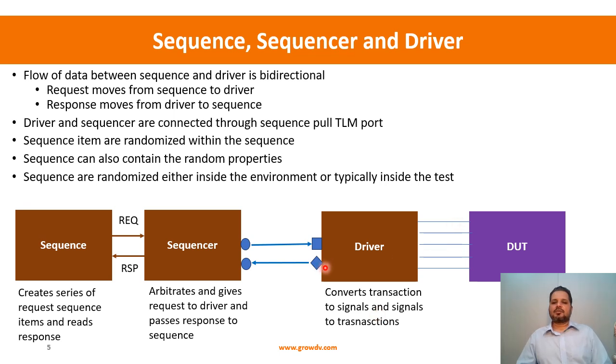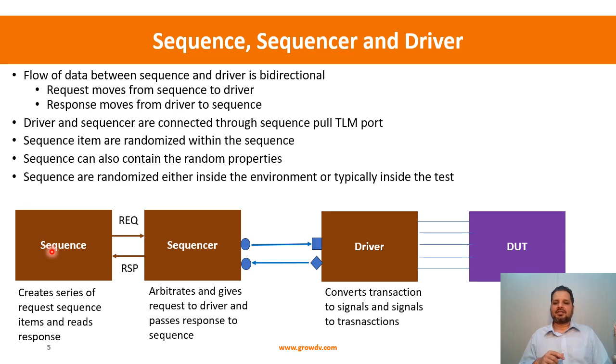Any responses driven from the DUT are converted into transactions, and the driver has an analysis port which it uses as a response port, sent back to the sequencer. While sending the sequence, the sequencer stamps a sequence and transaction ID in the request, so the driver is expected to stamp them back while sending the response as a separate response through this analysis port, so that the sequencer can take it and route it to the appropriate sequence.